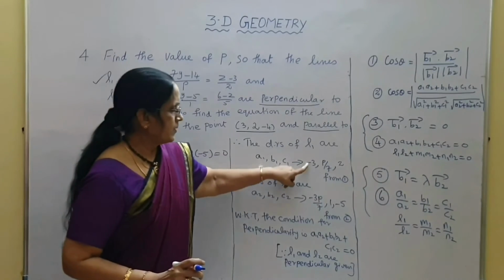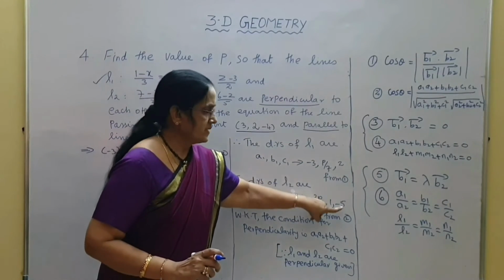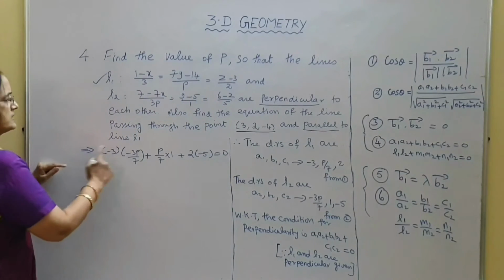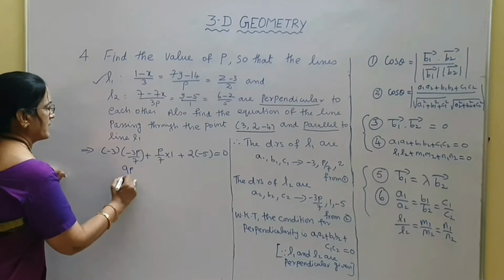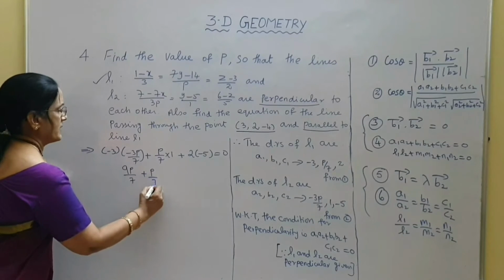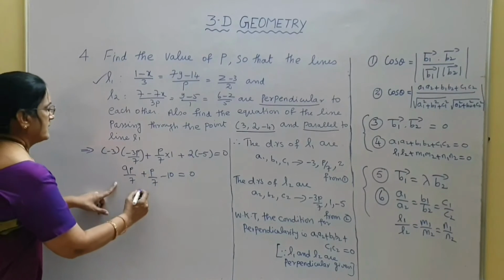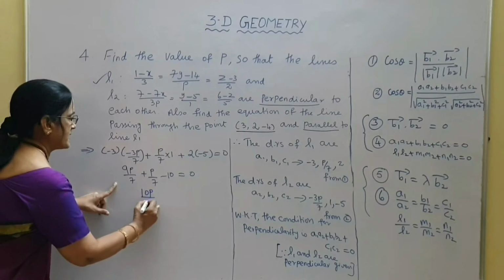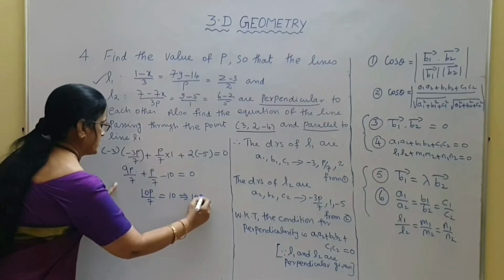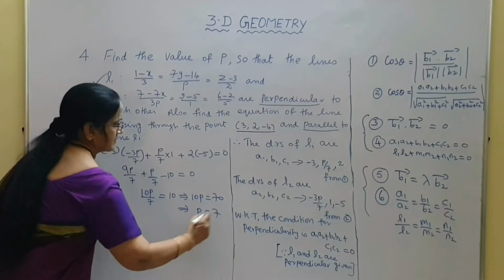A1 A2 plus B1 B2 plus C1 C2 should be equal to 0. This is nothing but 9p by 7 plus p by 7 minus 10 equal to 0. This is 10p by 7 equal to 10, which implies 10p is equal to 70, which implies p equal to 7.